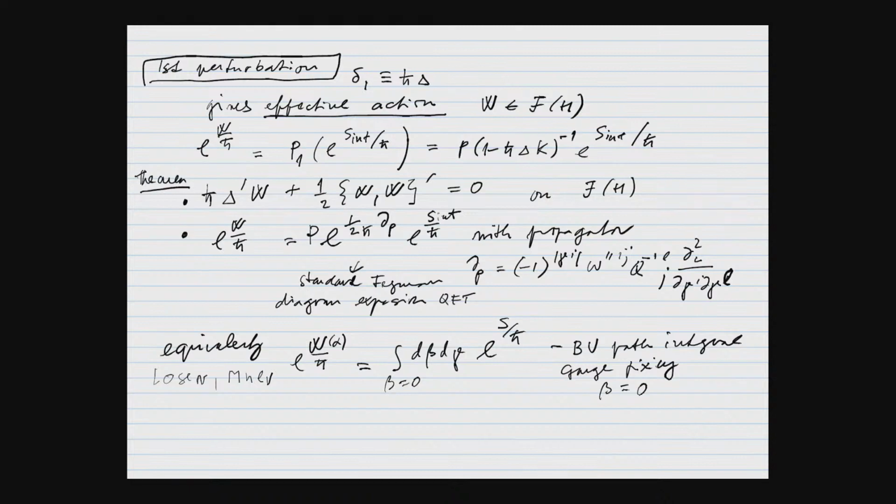So, again, this confirms that what the perturbation lemma does for you is compute the S matrix using either Feynman diagrams or the Batalin-Vilkovisky path integral. And maybe you recognize here, in this formula, the Losev string. So that was the first kind of perturbation you can do.